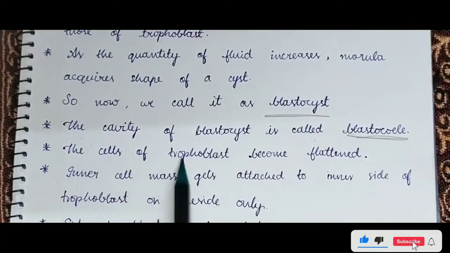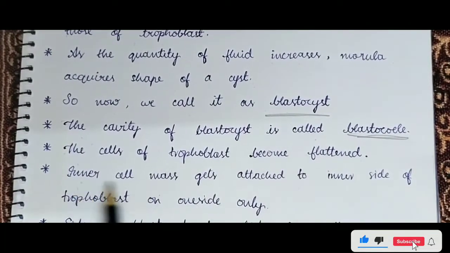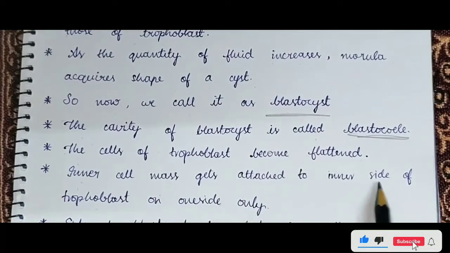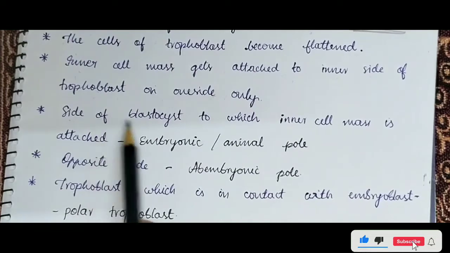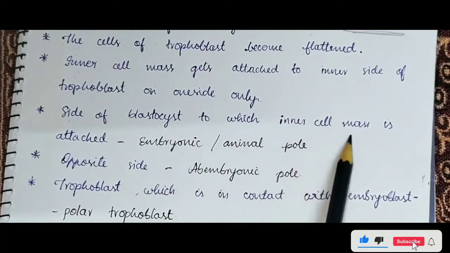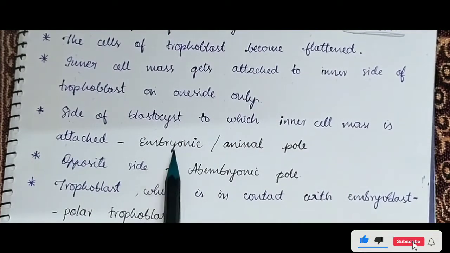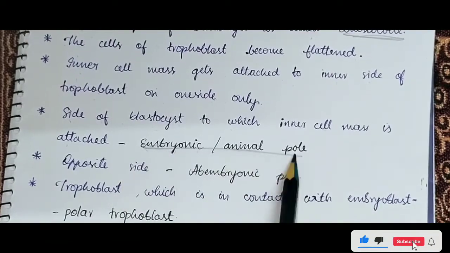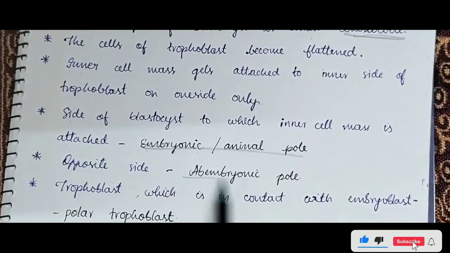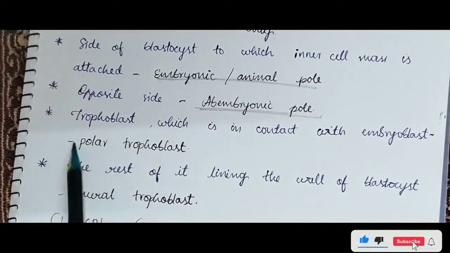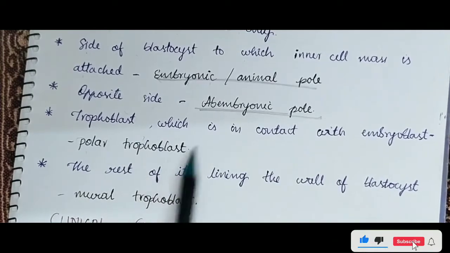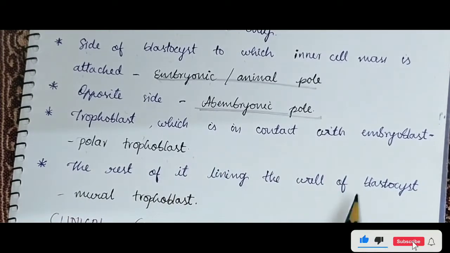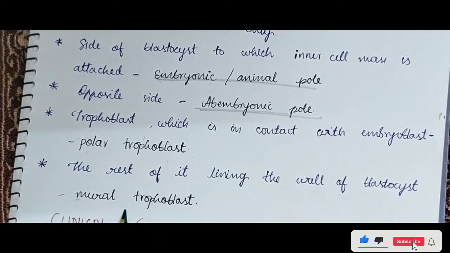The cells of the trophoblast become flattened. The inner cell mass gets attached to the inner surface of the trophoblast on one side only. That side is called the embryonic or animal pole, and the opposite side is the abembryonic pole. The trophoblast in contact with the embryoblast is called polar trophoblast, and the rest of the wall of the blastocyst is called mural trophoblast.